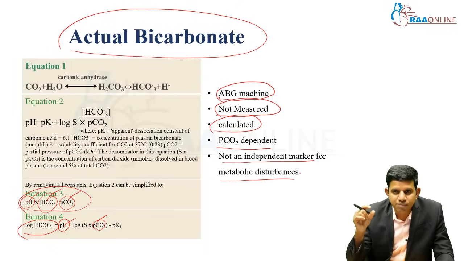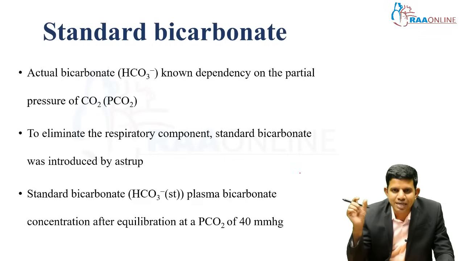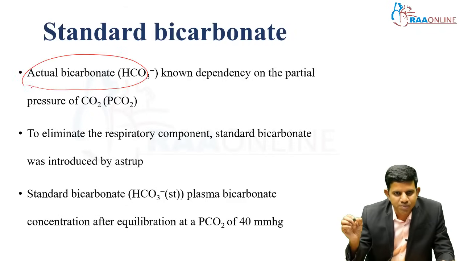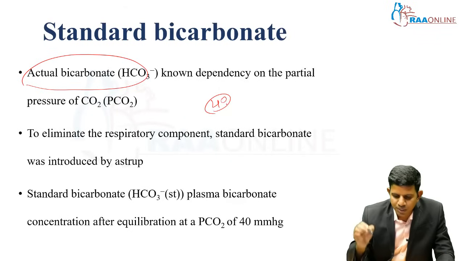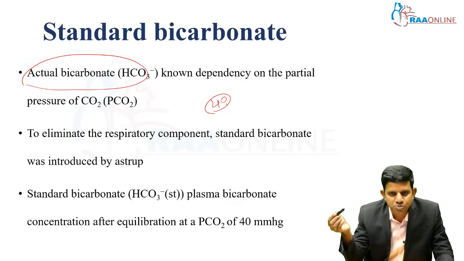So, to overcome that, the Danish group, the Copenhagen group, suggested something called standard bicarbonate. What is standard bicarbonate? For example, my ABG machine shows my bicarbonate is 40, which may be a metabolic alkalosis, or it may be a chronic respiratory acidosis which increased my bicarbonate.